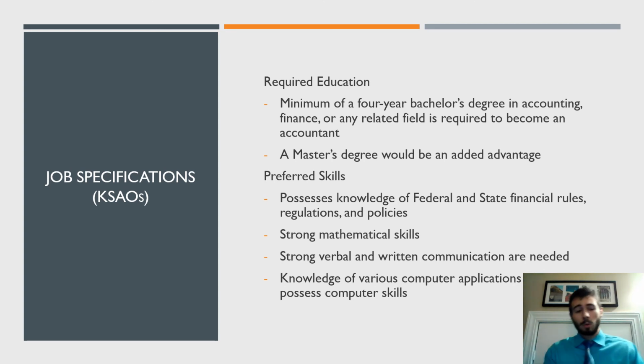So required education. For this generic accounting job, I just put a minimum of a 4-year bachelor's degree in accounting, finance, or any related field is required to become an accountant. And a master's degree would be an added advantage.